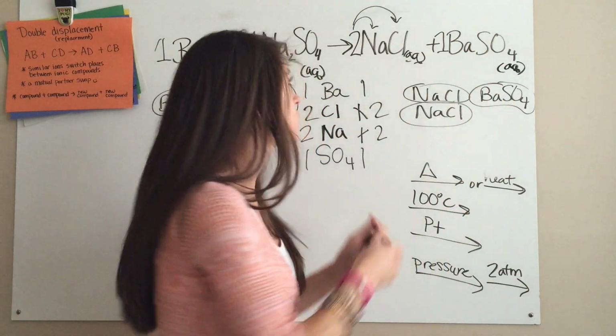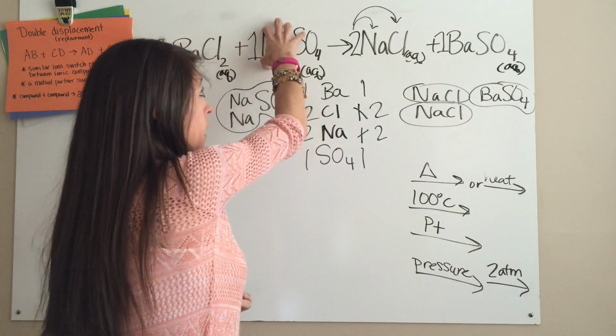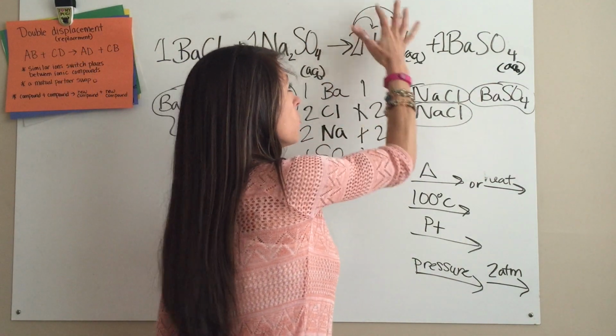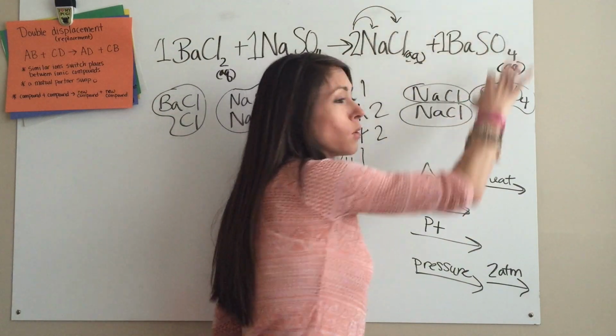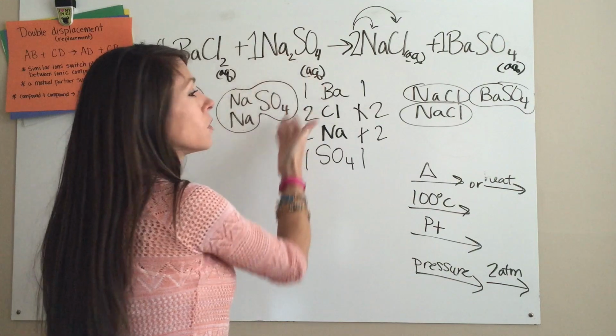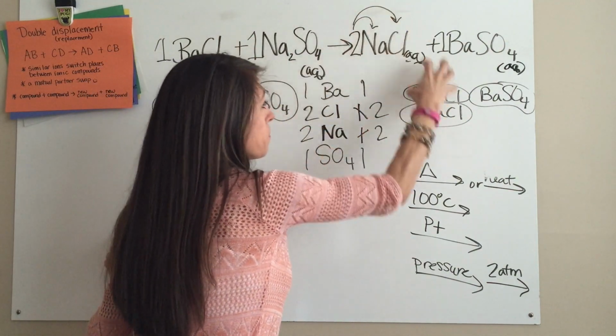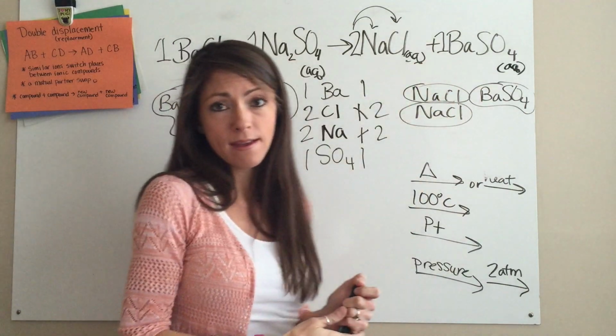So the coefficients are representing our molar quantities. 1 mole of this added to 1 mole of this will create or yield 2 moles of this and 1 mole of this. The individual subscripts are referring to the actual atoms. They belong to just the atoms, but the coefficients belong to the entire compound. I've got 2 of this entire thing, okay?